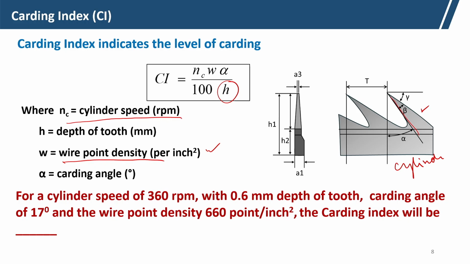Here is the depth of tooth H. The wear point density is 660 points per square inch. The carding index will be, if we see directly, 67,320. So, that indicates the level of carding. If we change these parameters, we can calculate the carding index for different combinations.